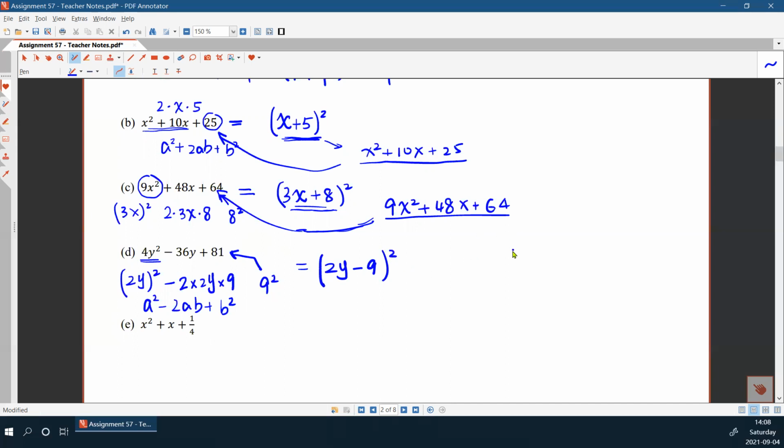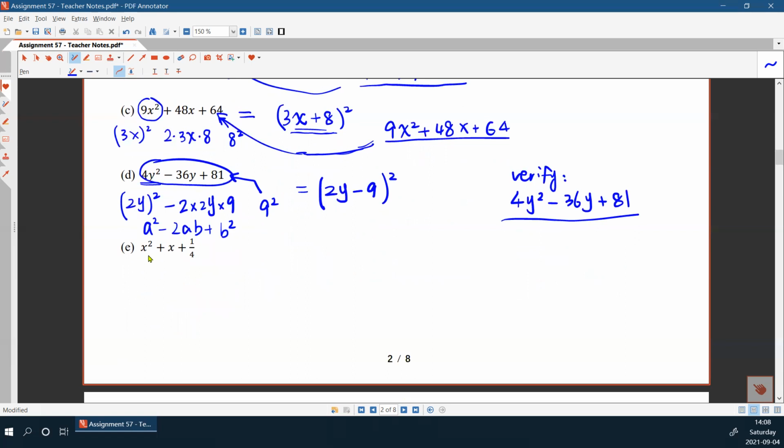Okay, and if you verify your result, you can just expand it to 4y squared minus 36y plus 81, right? And this expression is exactly the same as the original expression. So that means our solution is correct.